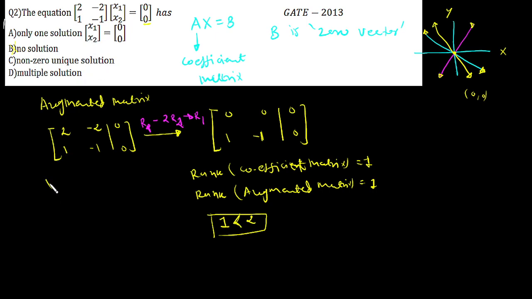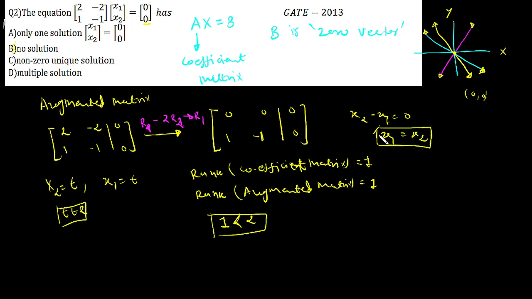So I can say x2 can take any value t, where t belongs to the real numbers R. In the same way I can also write x1 equal to t, because if you form the linear equation from this second row, what we get is x2 minus x1 equal to 0. So one can say x1 is exactly the same as x2. This is the equation that we are getting from the reduced matrix.